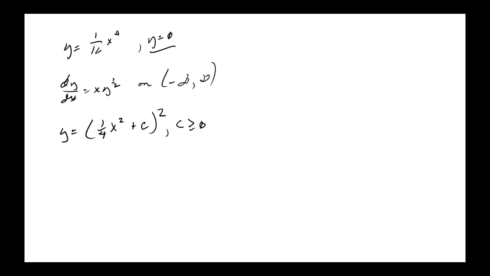As a singular solution, it is not a member of the family of this one that we just said. No way you can put a c in there and come out with y is equal to 0. No way whatsoever. Yet it is a solution to the equation. That's a singular solution. Okay?